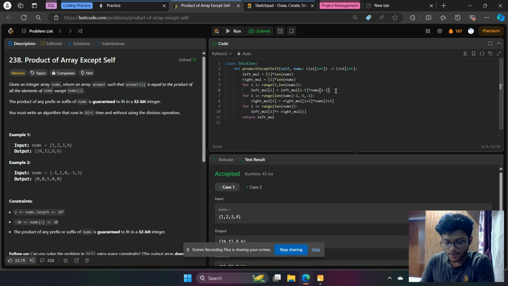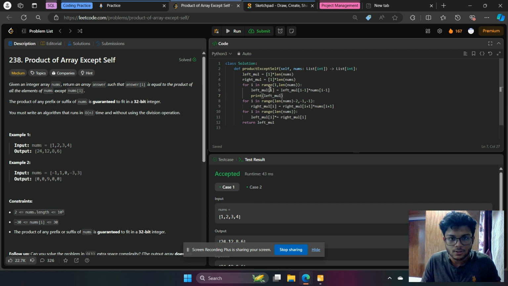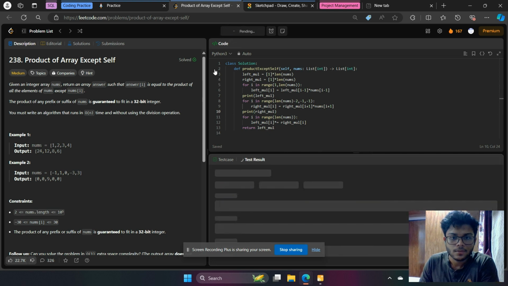I can try to show the left mul and right mul arrays, how they look before you multiply them. Right, I'm printing them.